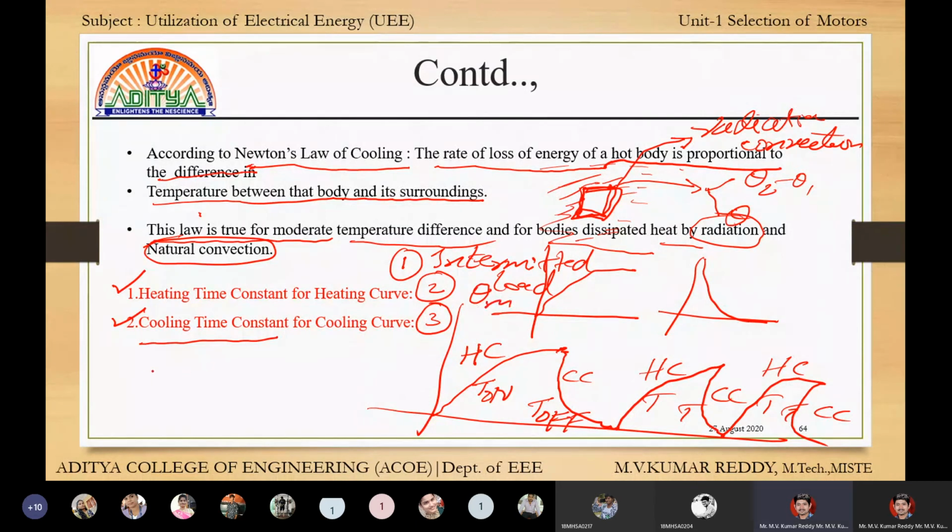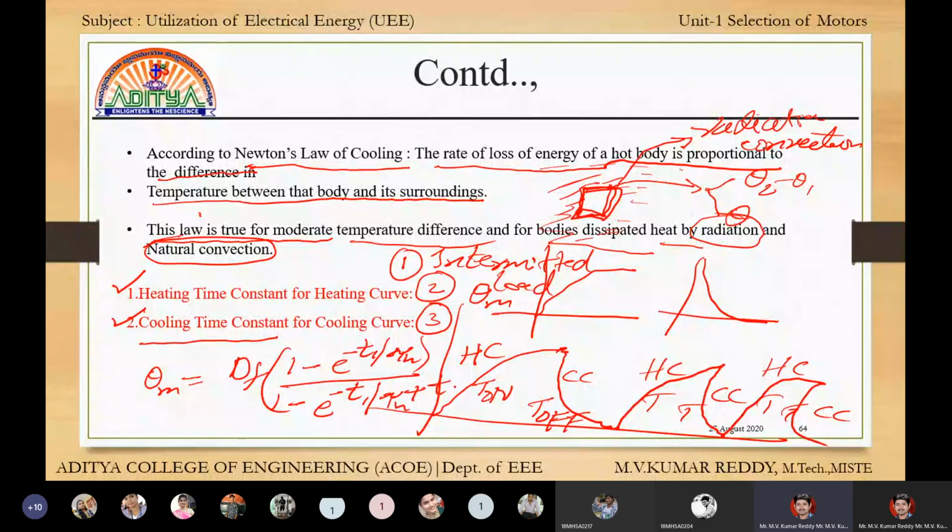We calculated the motor final temperature. Motor final temperature is theta f into 1 minus e power minus t1 by tau h, divided by 1 minus e power minus t1 by tau h plus t2 by tau c.